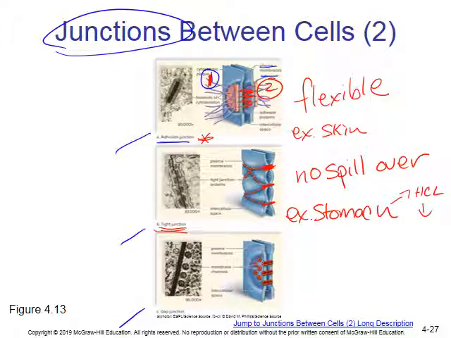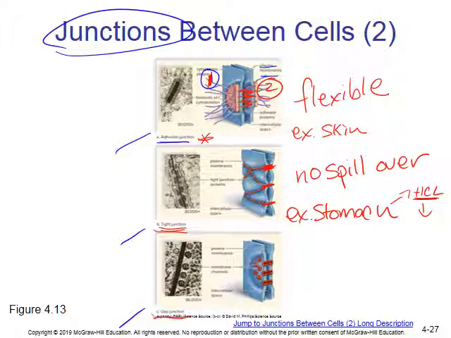So the cells of the stomach that are producing hydrochloric acid, we don't want that to be able to get out even into the stomach lining other than when we have food, right? When we put food in our stomach, then we want them to release their hydrochloric acid. But when we don't have food in our stomach, we don't want them to release it because then it would be destroying the tissue or the lining of our stomach.